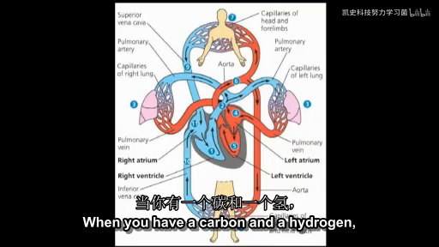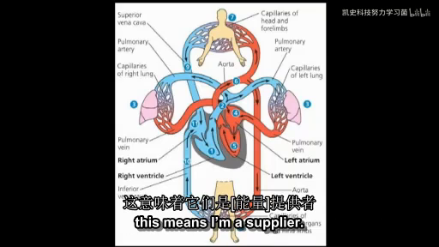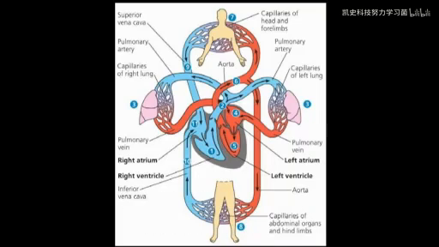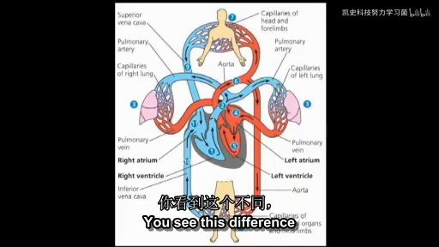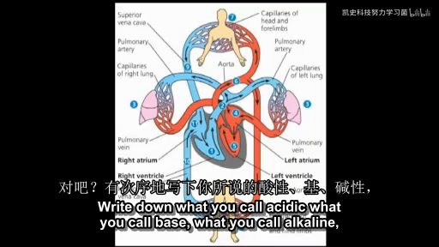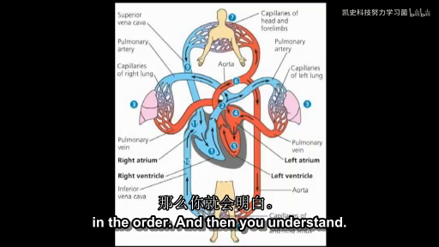When you have a carbon and a hydrogen, it means I'm a supplier. Then you see the difference. Write down what you call acidic, what you call base, what you call alkaline in the order, and then you understand.